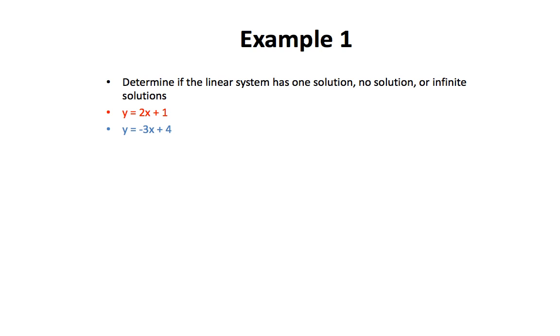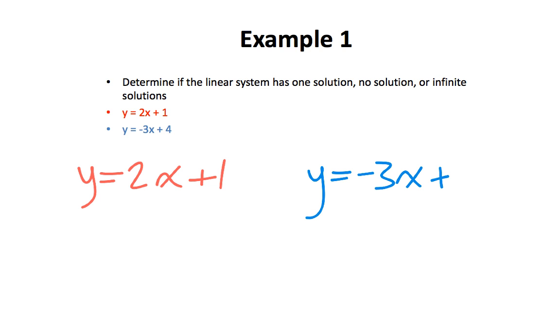In our first example, we want to determine if the linear system has one solution, no solution, or infinite solutions. Let's take a look at our two lines, y equals 2x plus 1 and y equals negative 3x plus 4. For the red line, the slope is 2 and the y-intercept is 1.